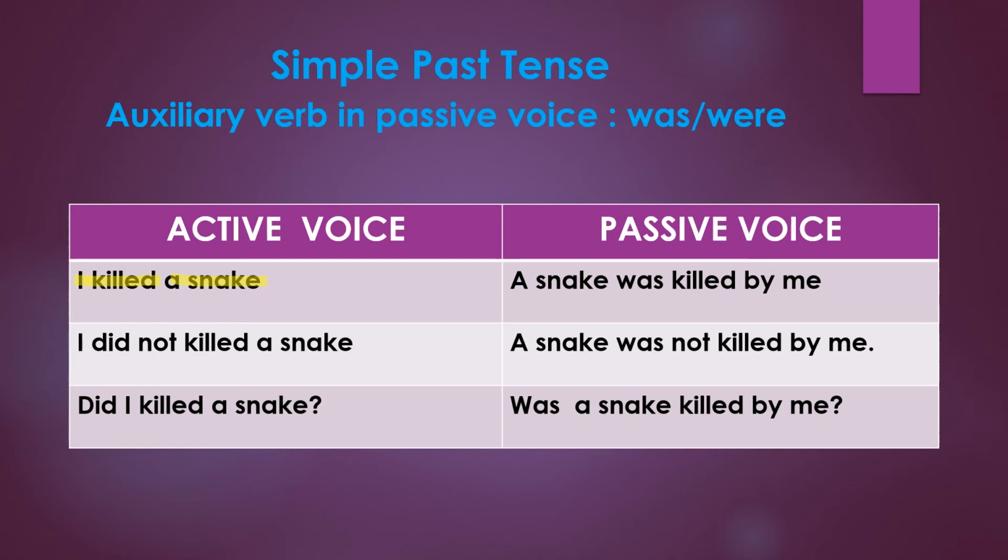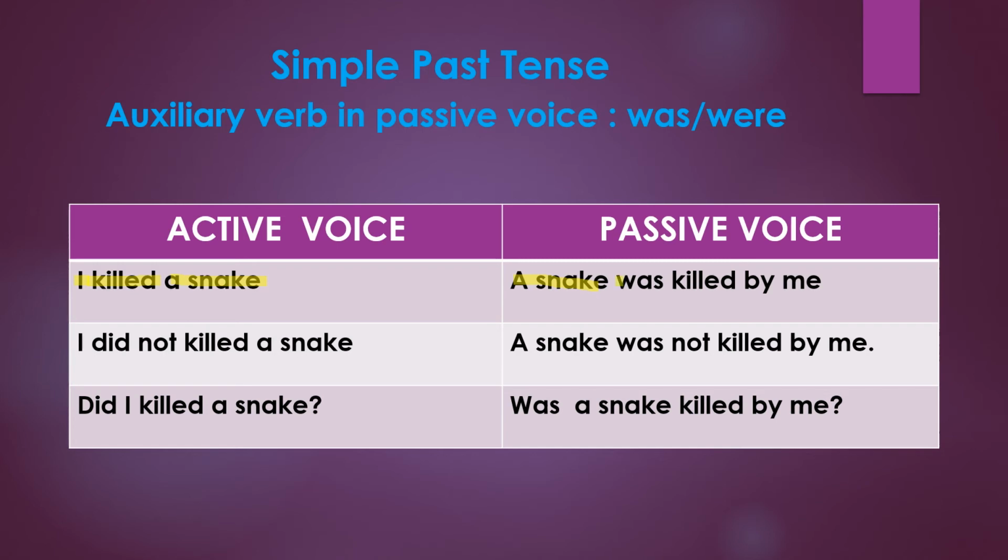To change simple past tense from active voice to passive voice, the auxiliary verb we need to use is was and were. So here the object of active voice, that is a snake, takes the place of subject in passive voice. A snake was. Why do we use was? Because we are talking about a single snake.